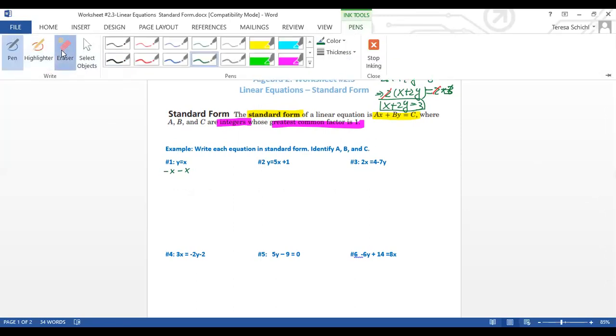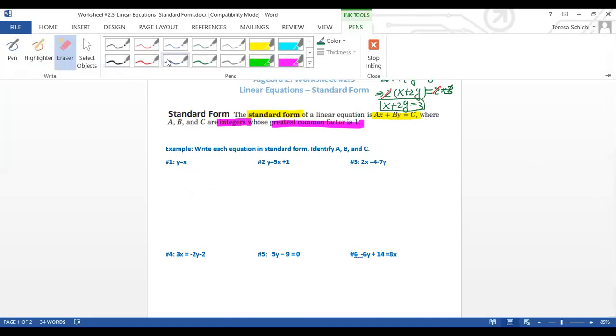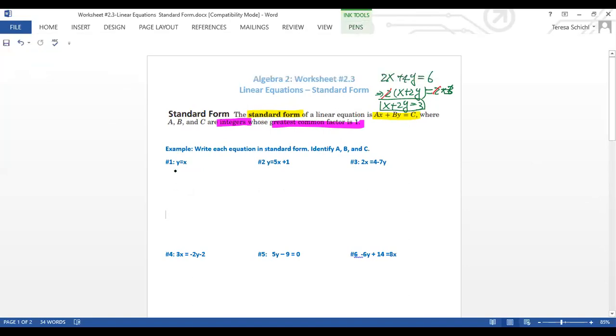Let me write it bigger, maybe it's better. So y equal to x, and I subtract x from both sides. Now I have negative x plus y equal to 0. This is my standard form.